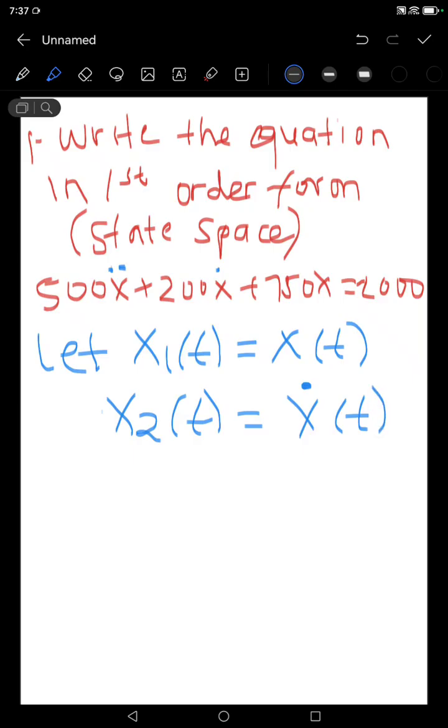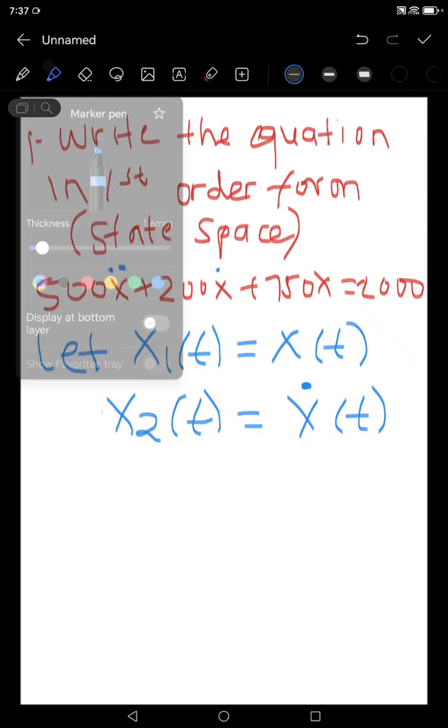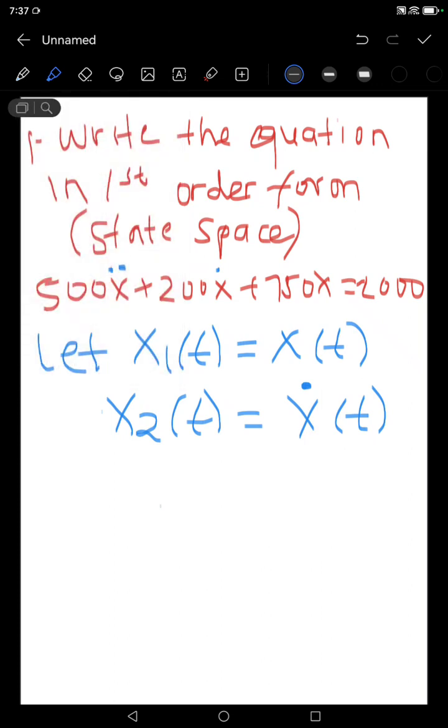And then now after that, we're going to differentiate our displacement. So we're going to differentiate x1 with respect to t. The derivative of x1 is going to be what? It's going to be x dot.